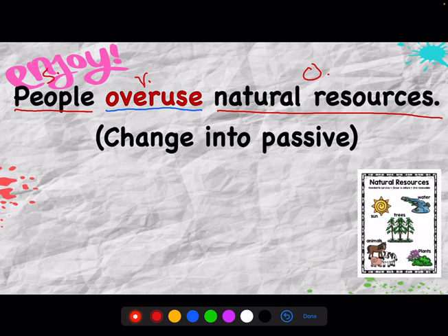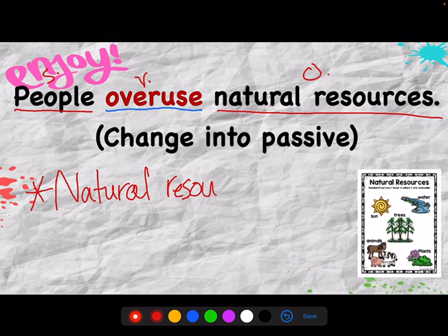Now, if I want to start my passive sentence, for sure I have to use is or are because it's present. So I have to say natural resources. Okay, resources, this is a plural. So I have to use are. And where's my verb?